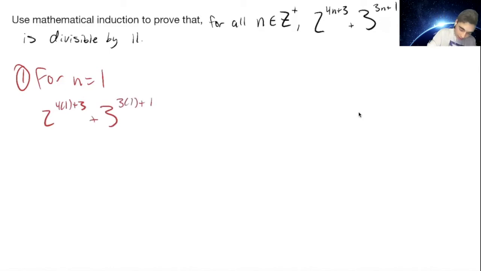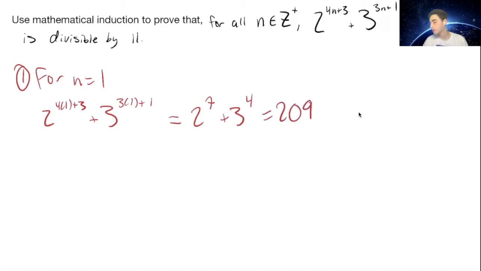Now, what is this? This is 2 to the 7 plus 3 to the 4. And that, I believe, is 209. I'll plug that into a calculator real quick.